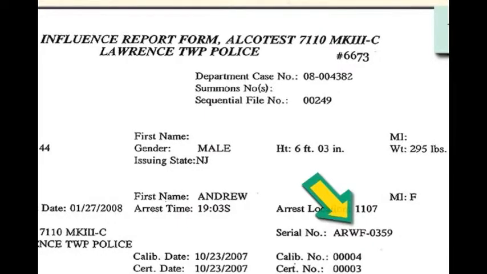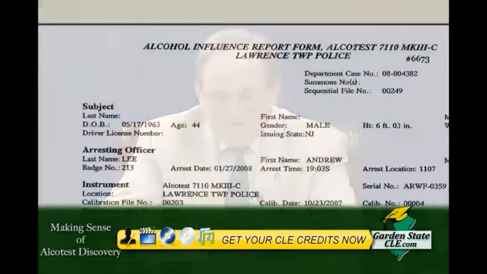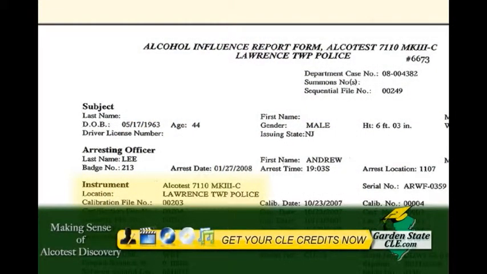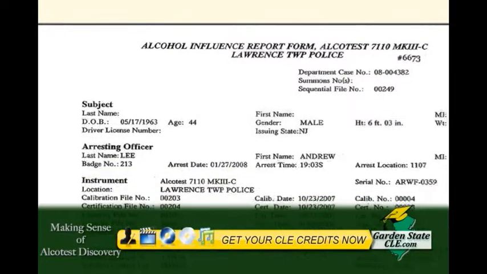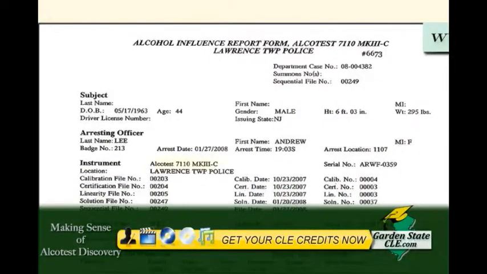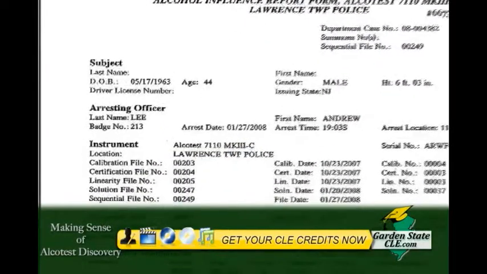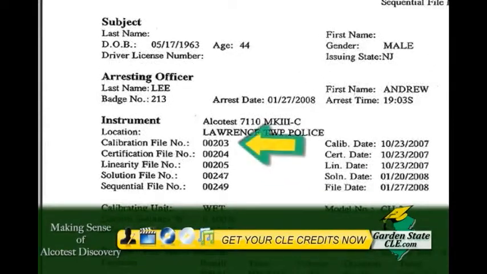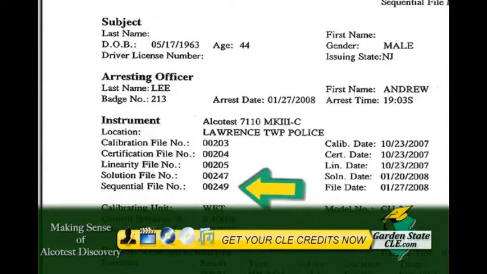That's right. All right, now, beyond that, it has location and different columns here. Can you talk about these columns? Well, sure. Let's look at this next section entitled Instrument. You'll see that it lists basic information about that. The model number, which should never change, the serial number, the location here in Lawrence Township. And then there's a first column that is essentially a list of sequential file numbers keyed to the different functions that are performed.